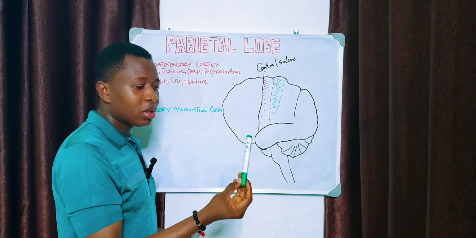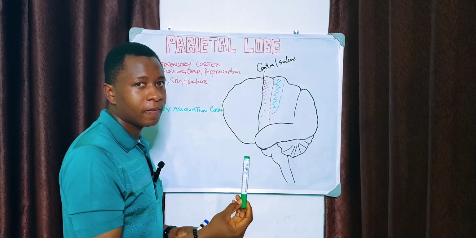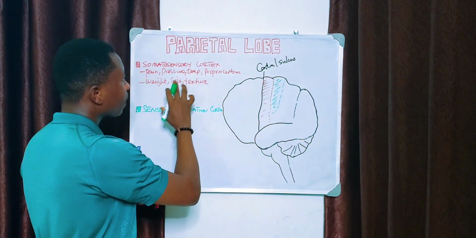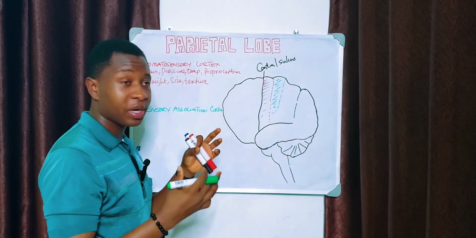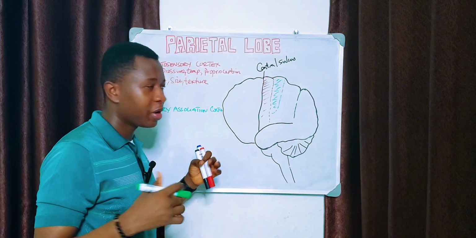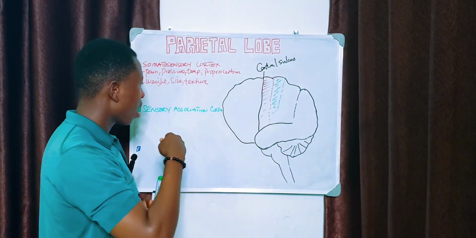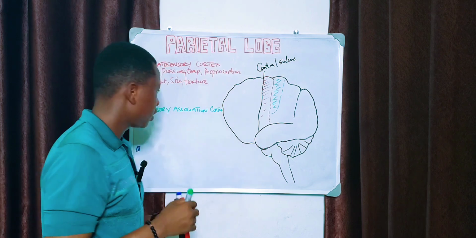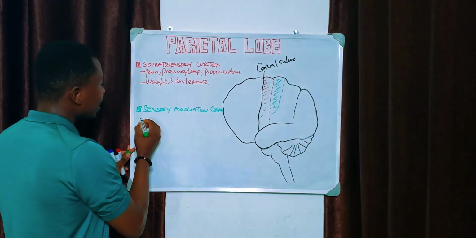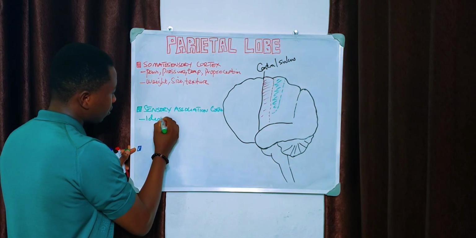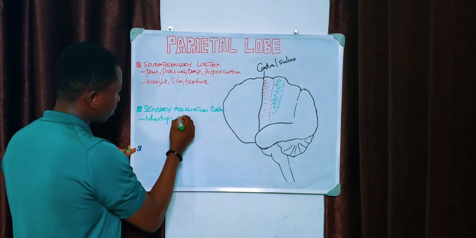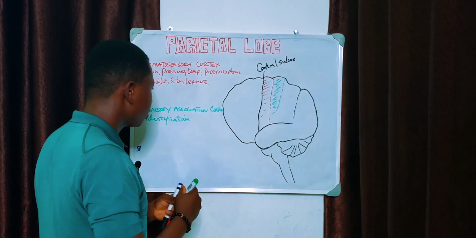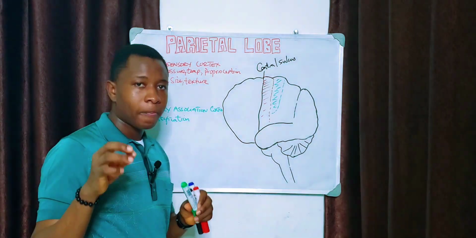So it uses previous knowledge and information from other parts of the brain to give meaning to or process a particular piece of information. So it basically helps in identification. So the sensory association cortex helps to identify objects.